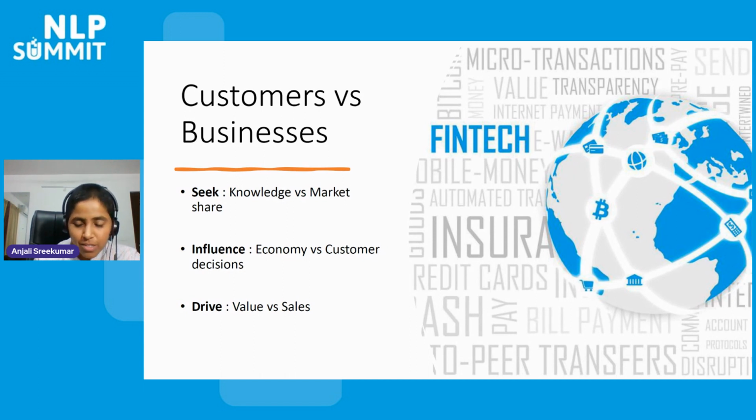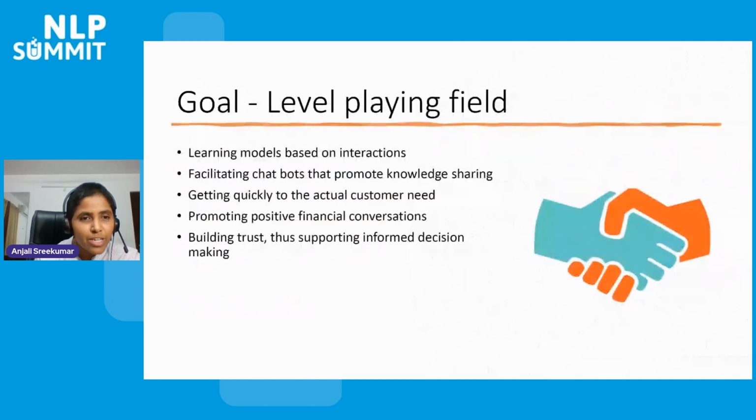In the same way, customers drive for value, they want to generate more value, whereas corporations and businesses drive towards more sales. And it's very tricky to find a level playing field where the customer is also successful together with the businesses, and both sides are happy.